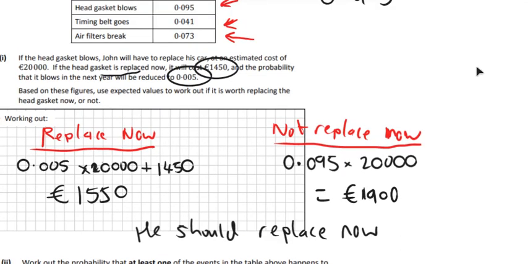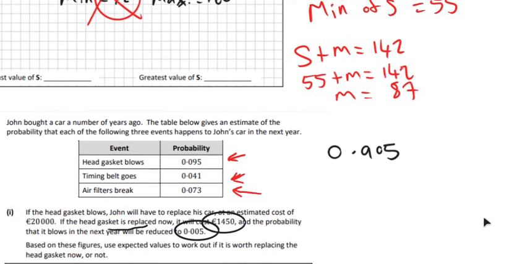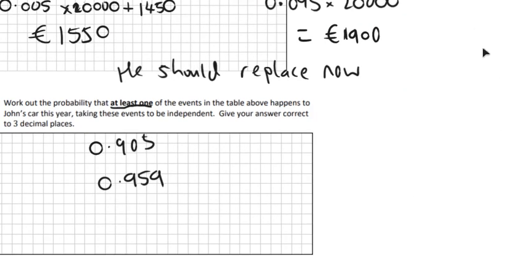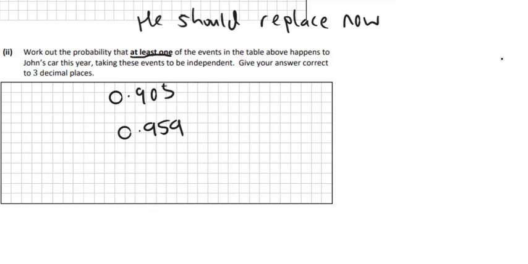And then you do 1 take away 0.073, and you get 0.927. So that's the probability that they don't break, for each one.